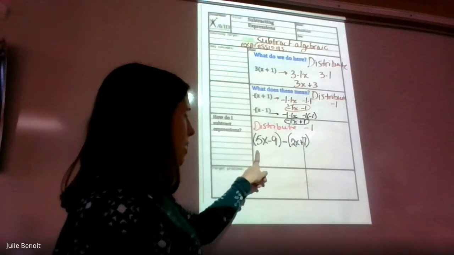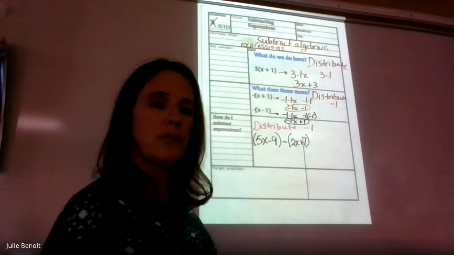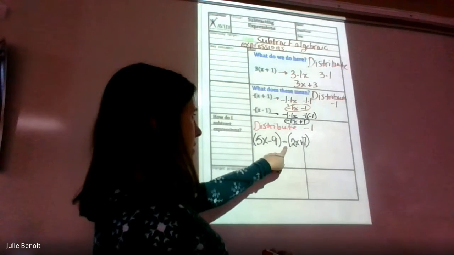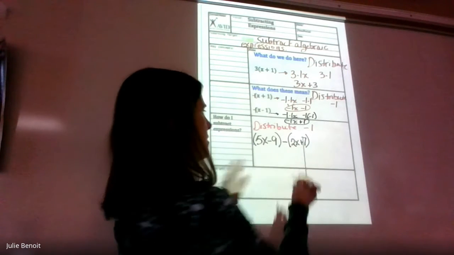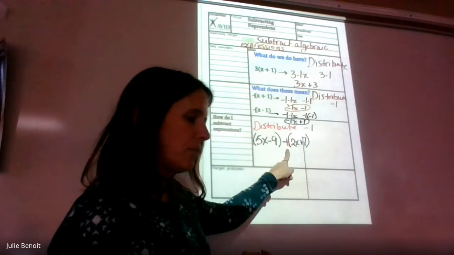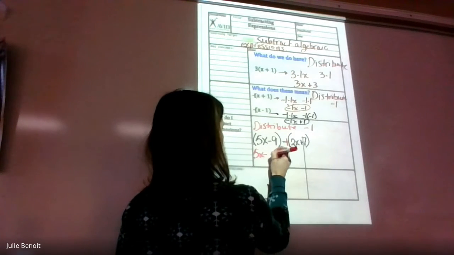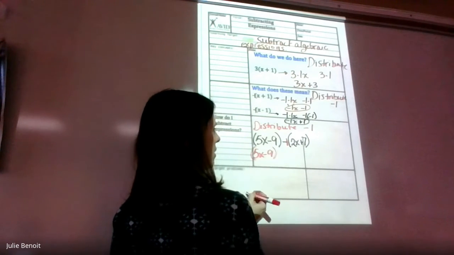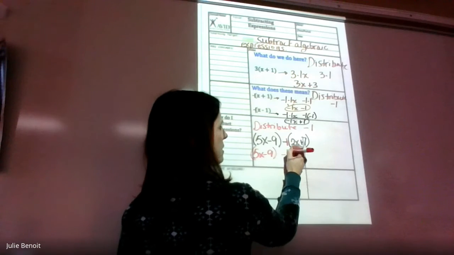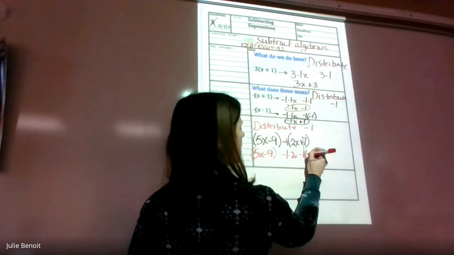My first expression, 5x minus 9, there's nothing in front of it. So we're not going to do anything there. But the idea with the second expression is that we're distributing a negative 1 because of that subtraction. So I'm going to leave this guy alone. And then on the second one, I'm going to take negative 1 times 2x and negative 1 times 7.